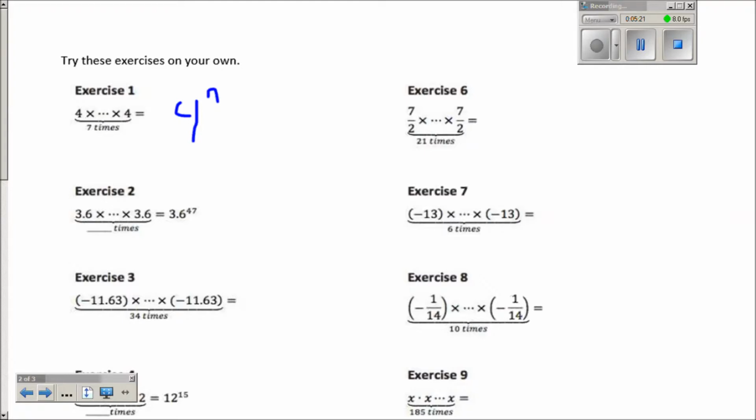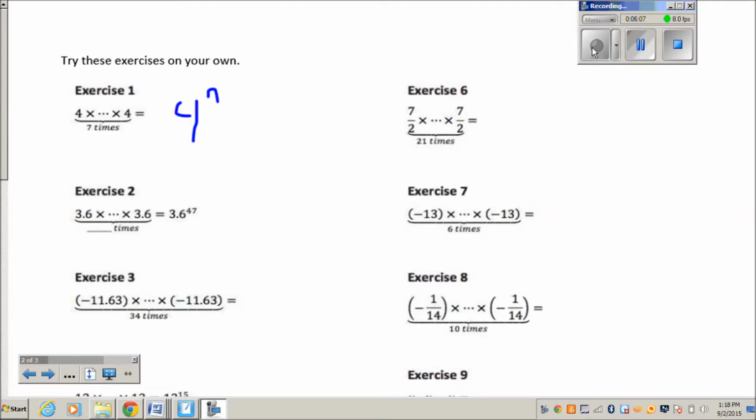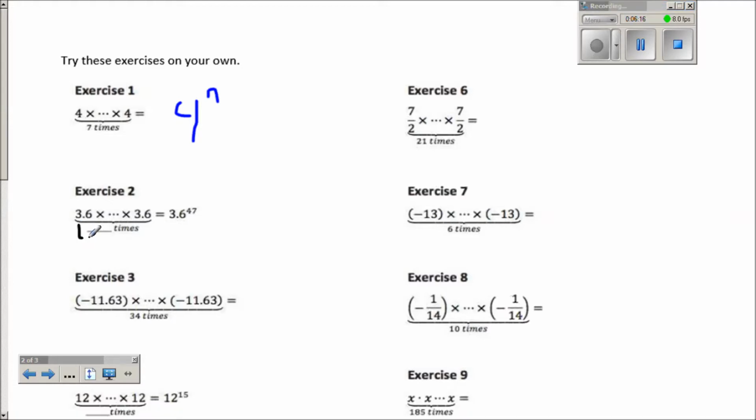Whereas in exercise number 2, it's asking you to write down how many times you have to multiply 3.6 to itself. And you would write it 47. So in exercise number 2, down here, you would simply write 47 because you would have to multiply 3.6 to itself 47 times.